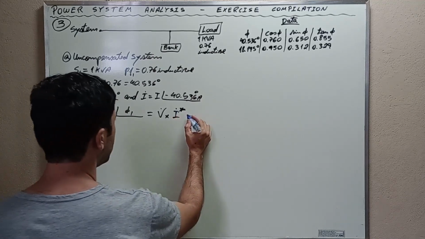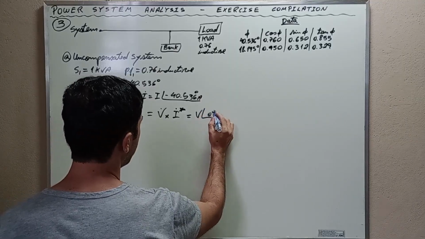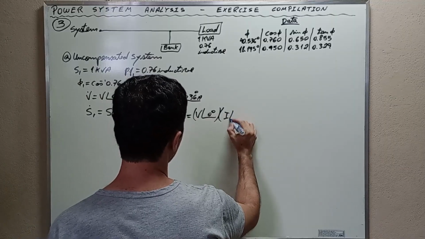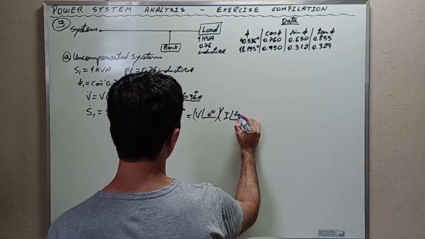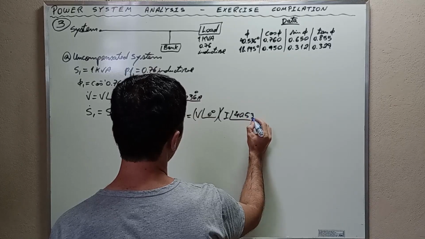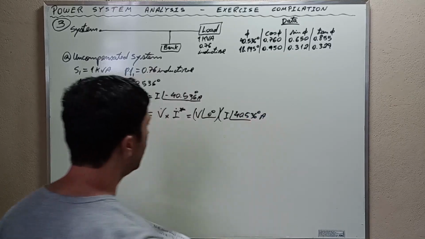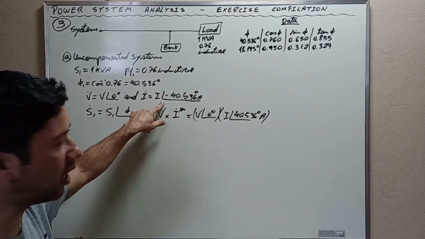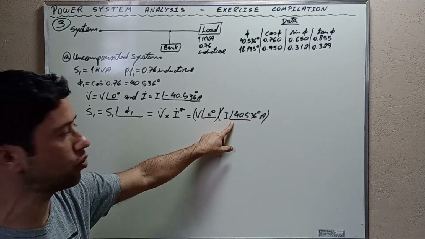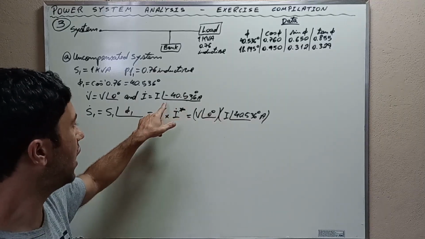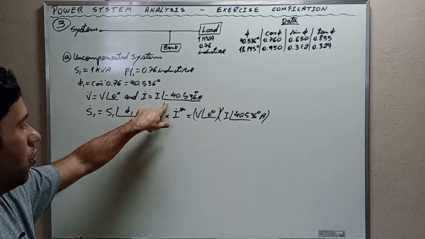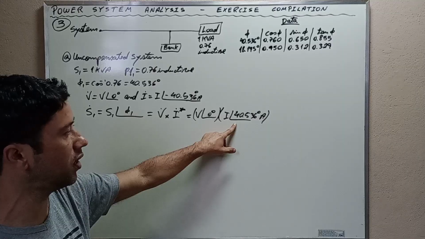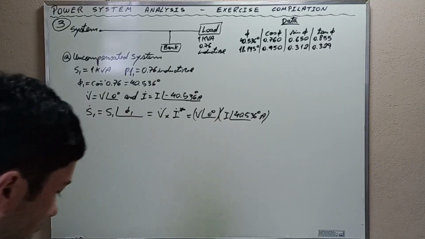Which is equal to V phase 0 degrees times I phase 40.536 degrees amps. Observe that this is the actual current and this is the complex conjugate of the current. The actual current has an angle with a negative sign, and the angle of the complex conjugate of the current has a positive sign. Alright?